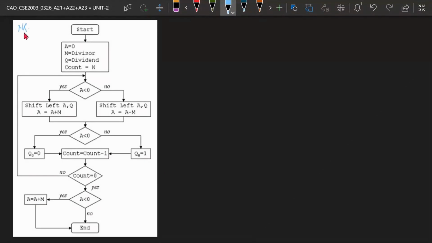So here we will start with an example. Suppose we are going to do 11 divided by 3, or you can write it as 11 by 3.